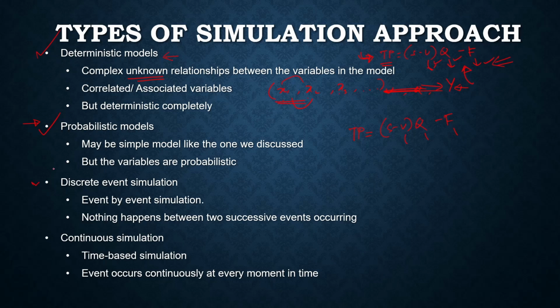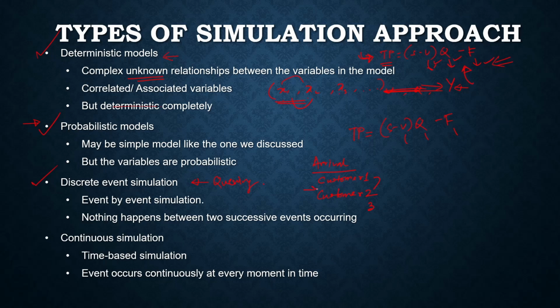Okay, then what is discrete event simulation? This can be best explained in terms of queuing. Suppose some arrival is happening. Customer 1 has arrived. Then after some time, customer 2 has arrived. Then after some time, customer 3 has arrived. Between customer 2 and customer 1's arrival, is anything else happening?